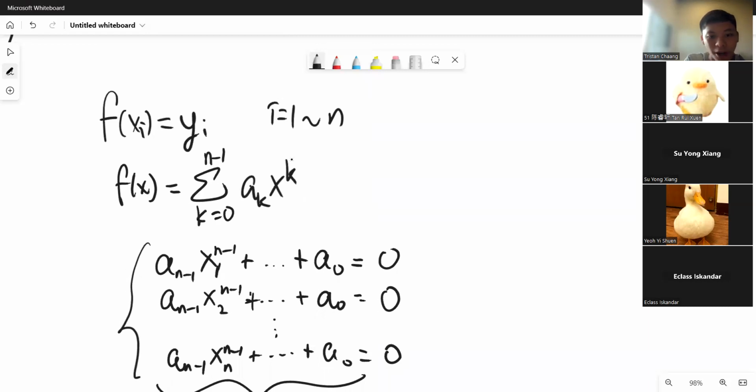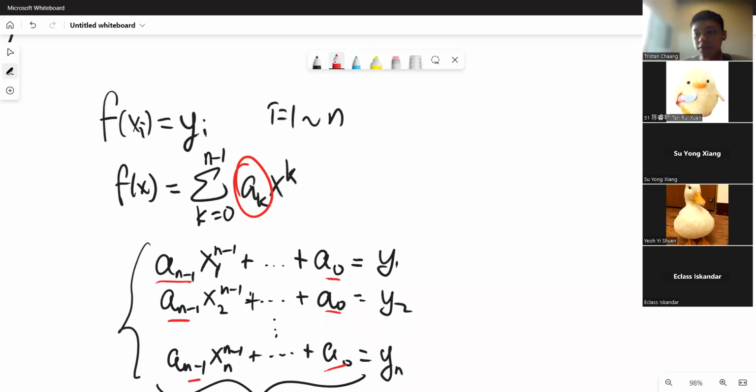Oh, sorry, y1, y2, and then yn. Okay, that makes more sense now. So the first one says f(x1) equals y1, the second one says f(x2) equals y2, and so on. And then we want to solve for the coefficients.